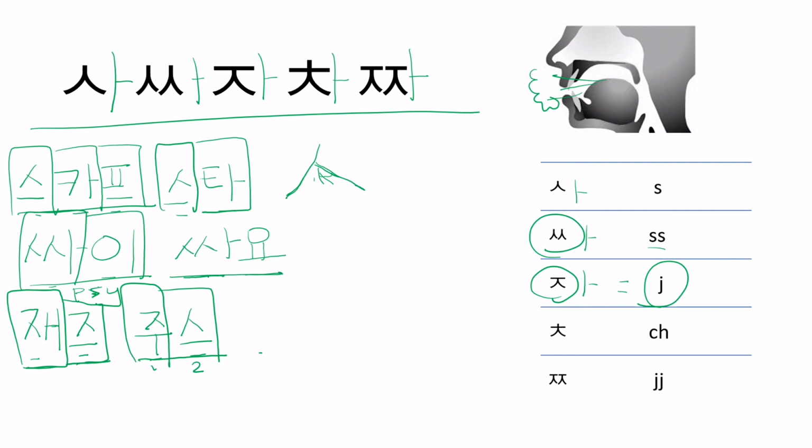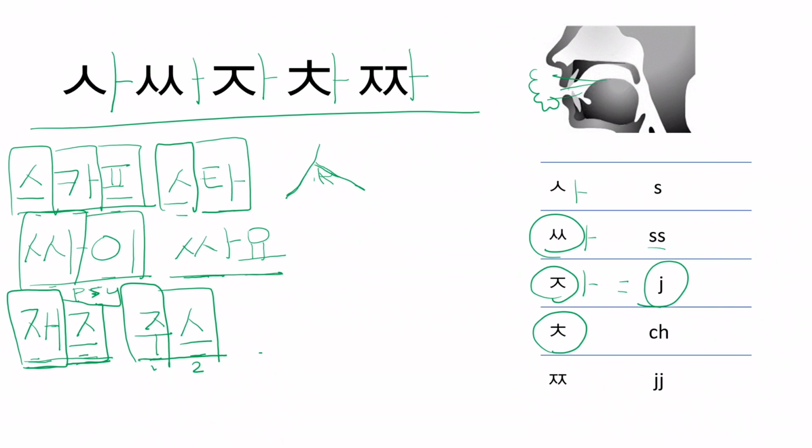The ju sound in English is much deeper and it vibrates too. Juice, jazz. But in the Korean sound, remember, the plain sounds are always lighter and less vibrated.